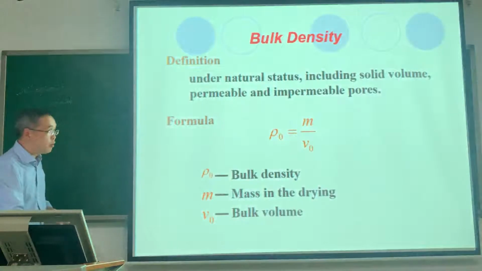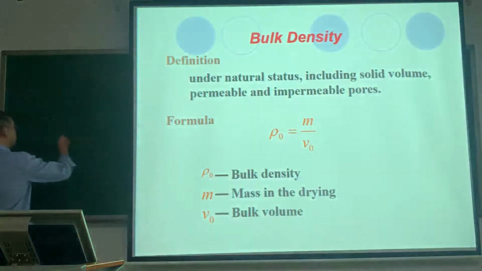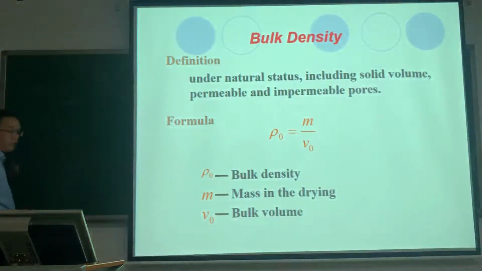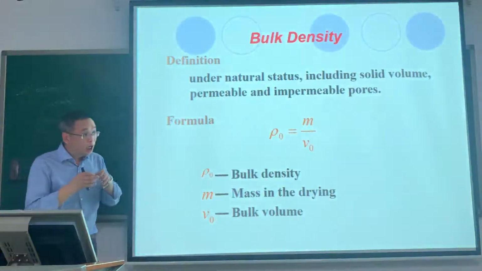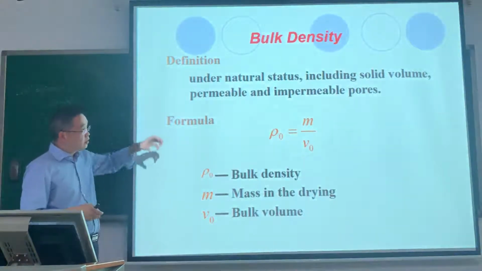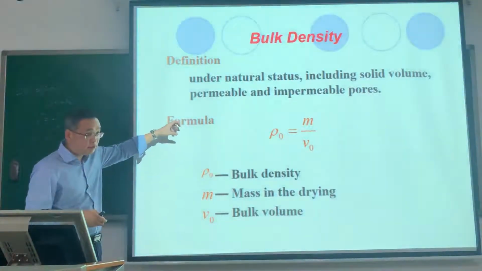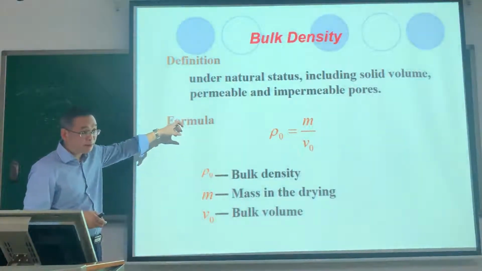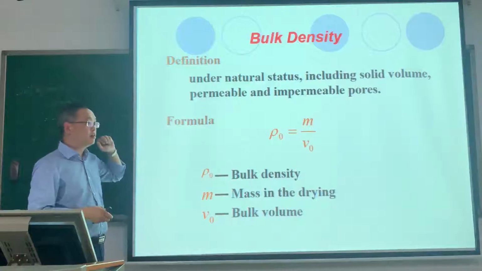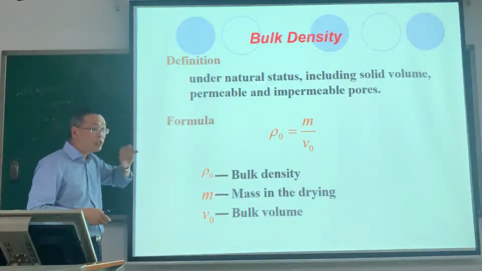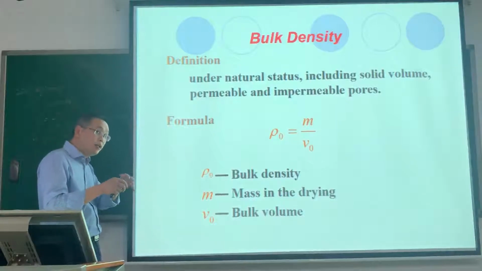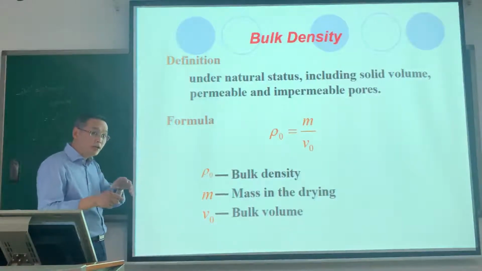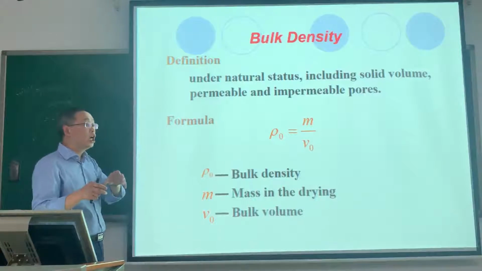So the third one is the bulk density. Bulk density. In civil engineering, this kind of bulk density is the most popular for us. I always use this kind of density for the inspection, for the evaluation, for the test of the material.